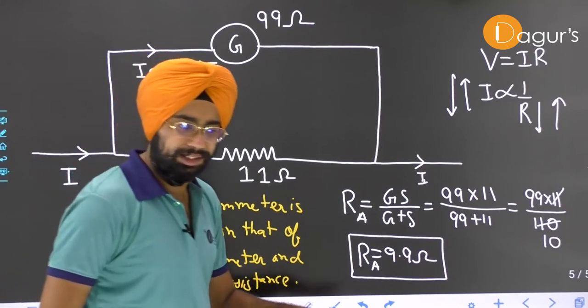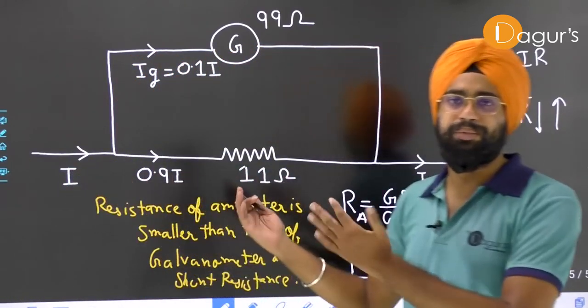Because the lesser the resistance, the greater is the amount of current passing through the circuit.